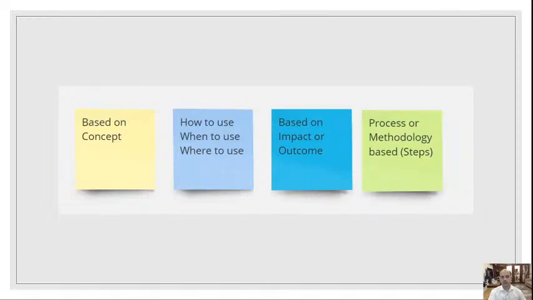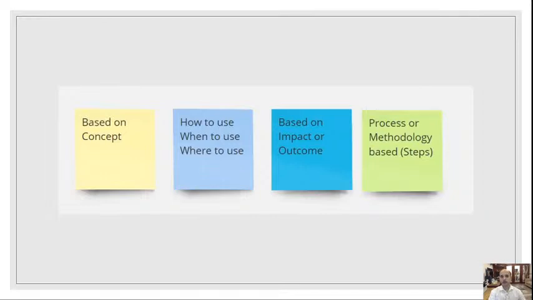Also some questions are based on impact or outcome, and some are based on process or methodology. I just want to share with you that the maximum number of questions depend on how to use, when to use, and where to use, right?